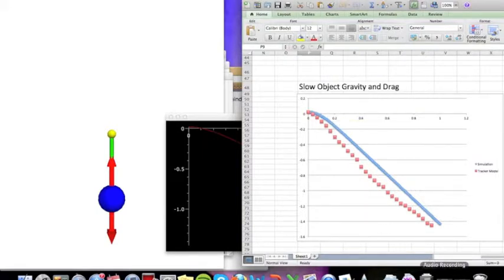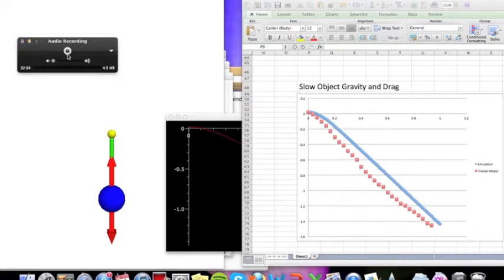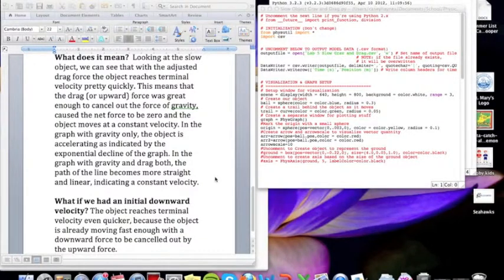So now we can ask our what if and what does it mean question. Well, looking at the slow object, we can see that with the adjusted drag force, the object reaches terminal velocity pretty quickly. This means that the drag or upward force was great enough to cancel out the force of gravity, causing the net force to be 0 and the object moving at constant velocity.